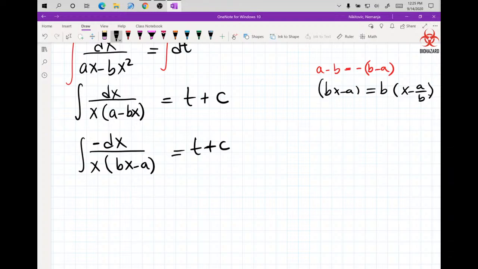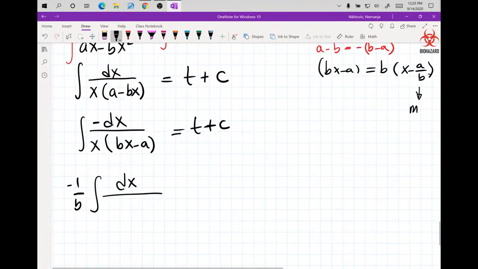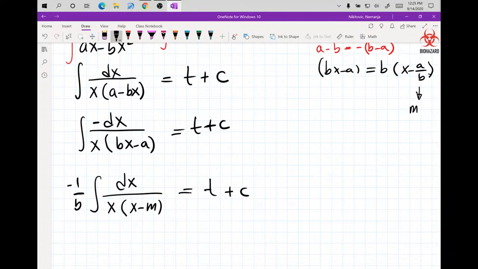It doesn't matter what you pick, because we'll bring it back later. So I don't know, m. That doesn't matter what we pick. So now my problem looks like this: negative integral dx. Now, negative 1 over b, because 1 over b we're going to kick out, and you're left with x, and in parentheses over here is x minus m, and you still have your t plus c on the side.